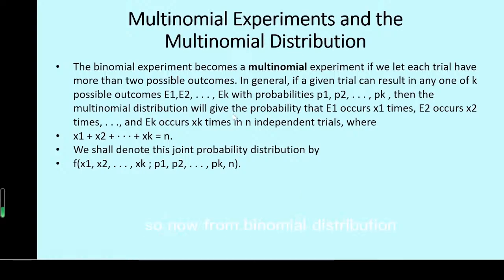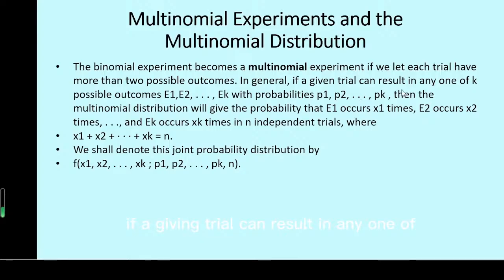So now, from the binomial distribution, we can extend to the multinomial distribution. A multinomial experiment is like a binomial trial, but in this case the result can be more than 2 outcomes.